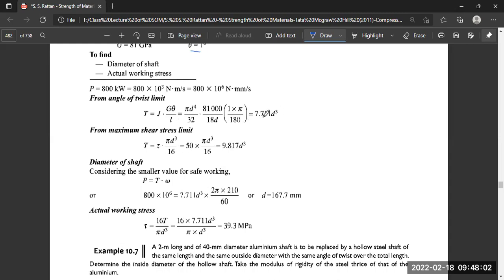By following the maximum angle of twist, we have a lesser amount of torque which the shaft can transmit, and by following the maximum shear stress, we have a higher amount of torque which is not usable, because if you apply this amount of torque here, the angular twist will be more than 1 degree, which is not allowable to us.